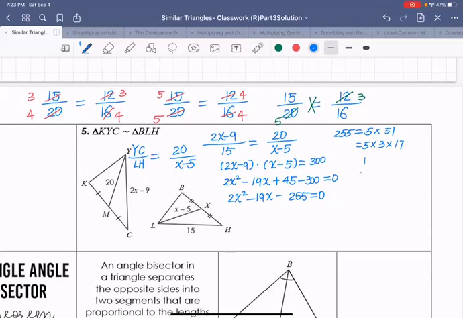Let's try different combinations. If I do 5 and 51, can I get 19? I don't think so, right? So what else do you want to try? 17 and 15.